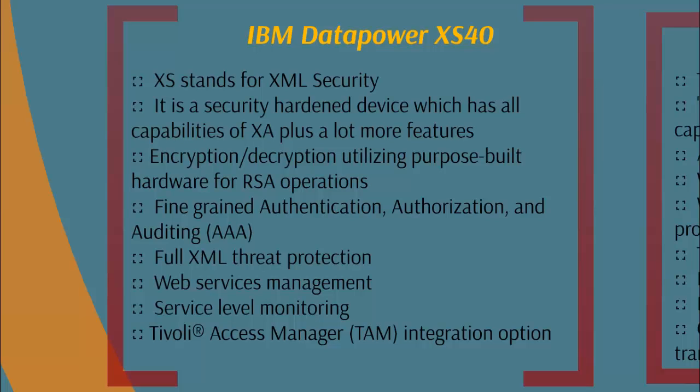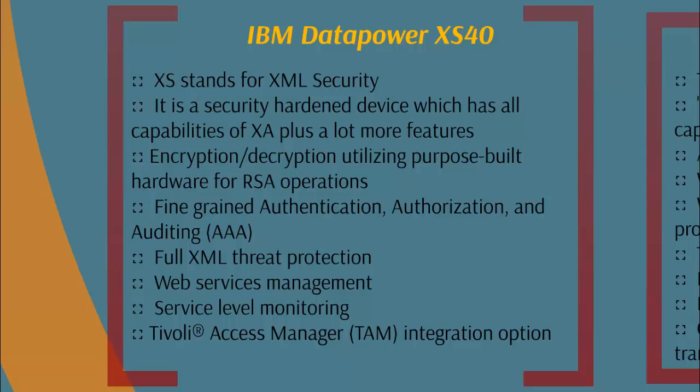XS stands for XML security. So security is hardened in the XS40 box. It is the security-hardened device which has all capabilities of XA plus a lot more features. And what those features are: it has a purpose-built encryption decryption module inside the Datapower firmware. So it has encryption decryption utilizing purpose-built hardware for RSA encryption.